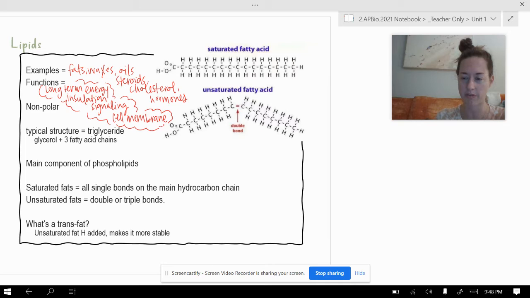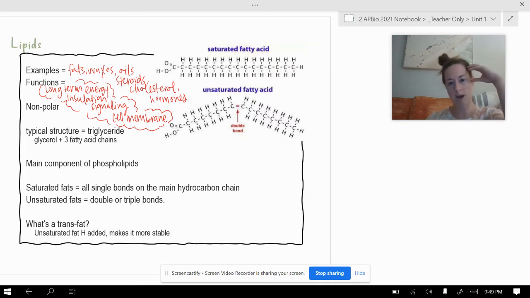So that gives them some of their properties that we actually care about. Typically, a lipid is formed into 3 fatty acid chains and 1 glycerol, which I'll show you on a slide in a couple minutes. But that's why they're typically called triglycerides, because there's 3 fatty acid chains.